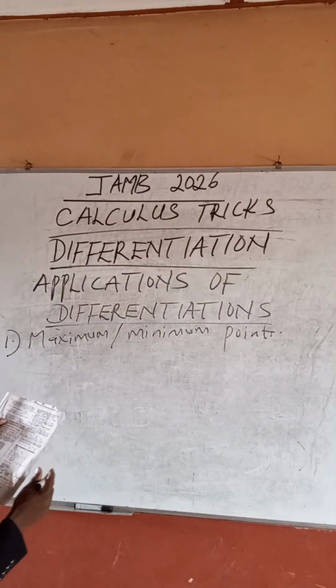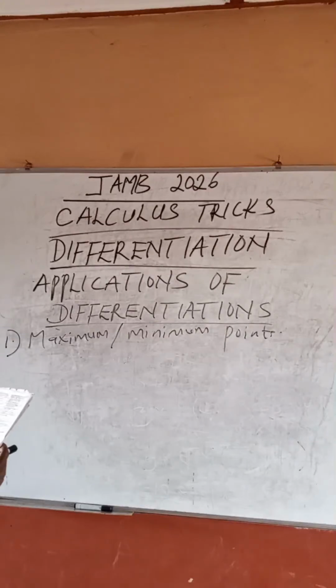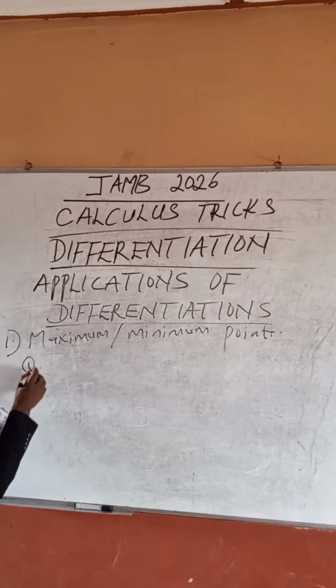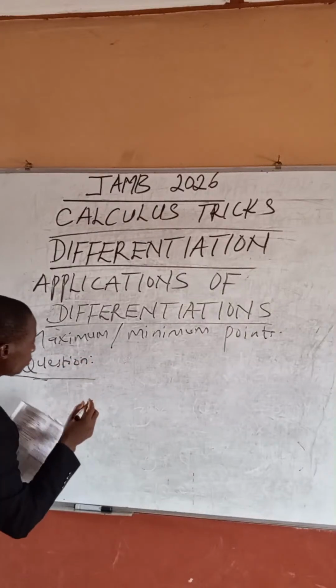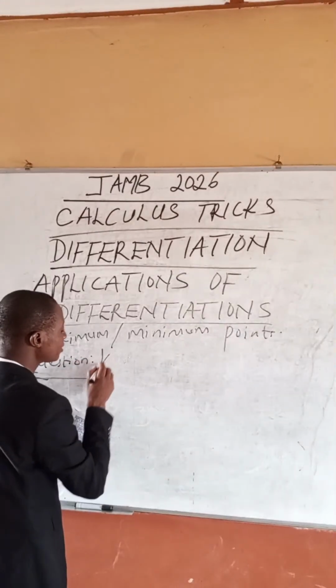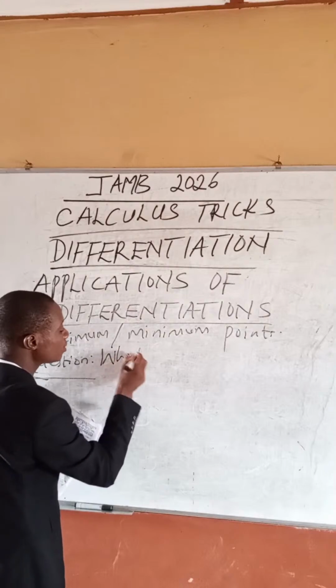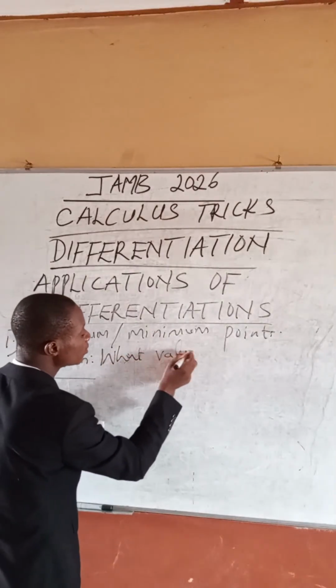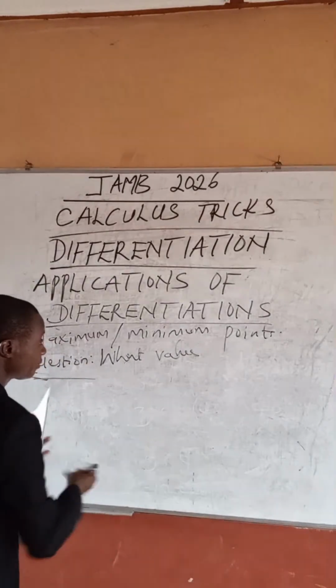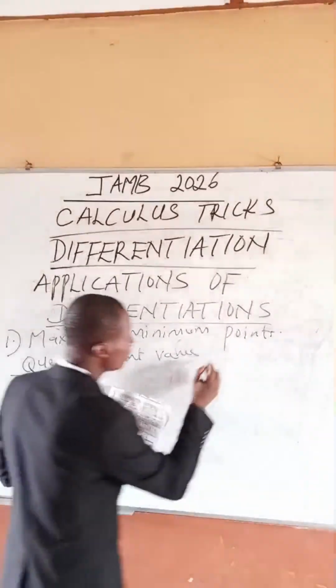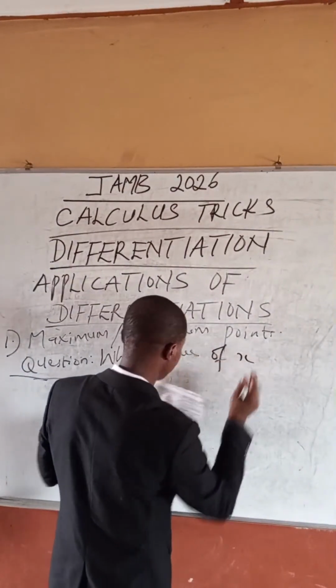So let's look at maximum and minimum points. What value of x will make the function a maximum? Question number 1. Let's look at the question.